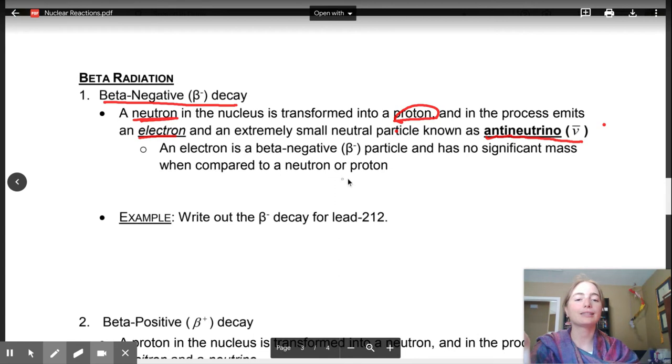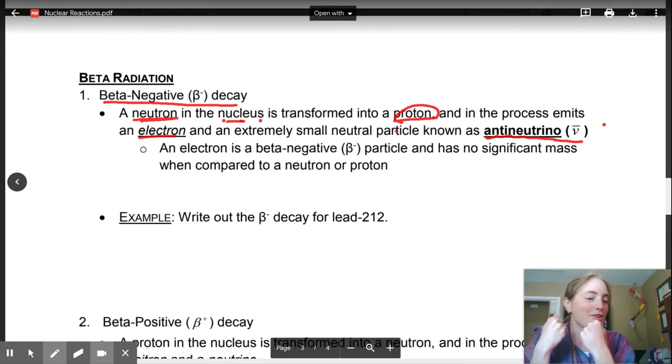We'll notice that a neutron, which is neutral, is converted into a proton, and it's also converted into an electron, so that this neutron becomes a proton and an electron. Exactly how that happens is beyond my level of education, so I sadly cannot answer that question for you.